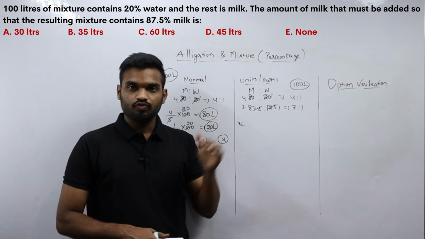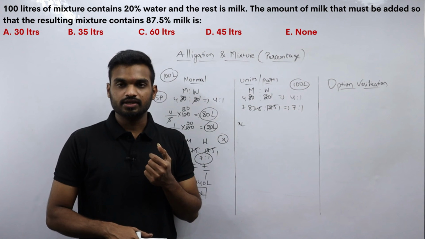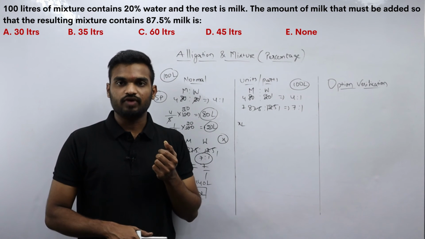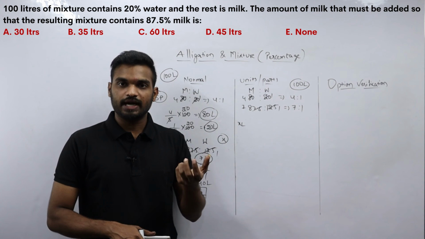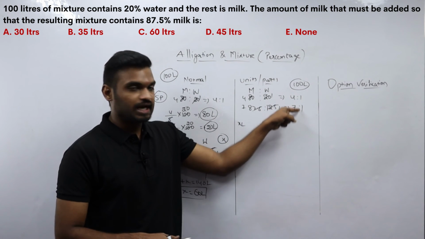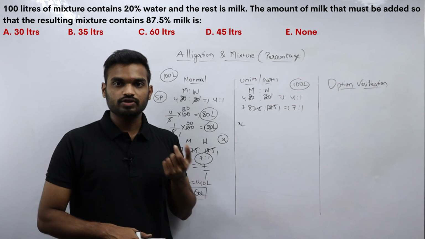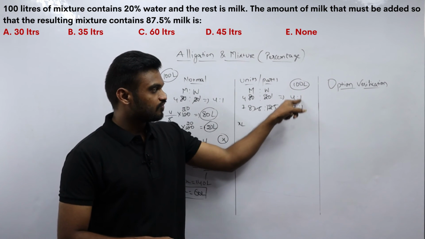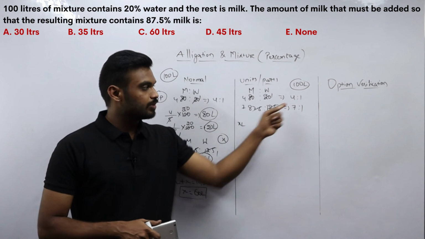Since we are not adding any water, the amount of water before adding and after adding needs to be the same. So here the quantity of water is already the same in the first and second case, so we don't want to equate them again.